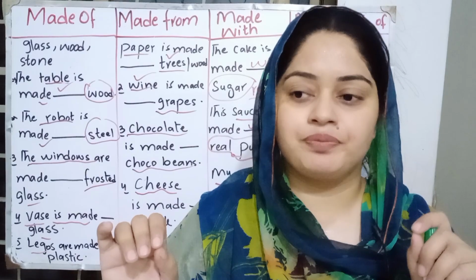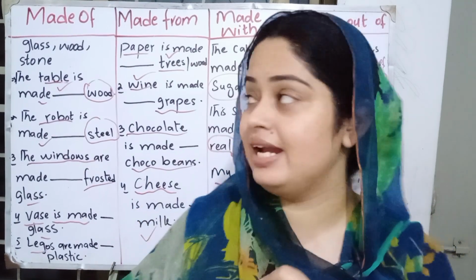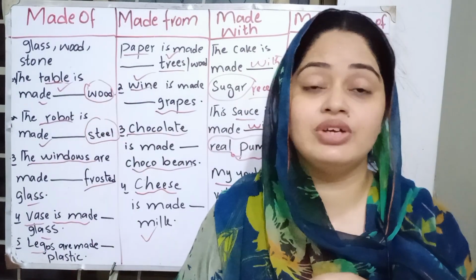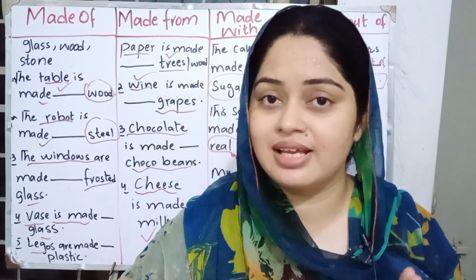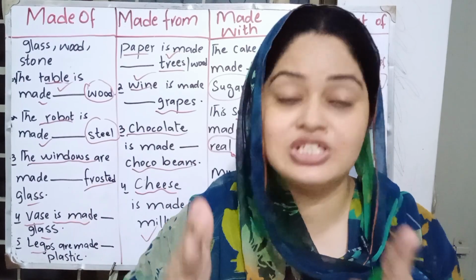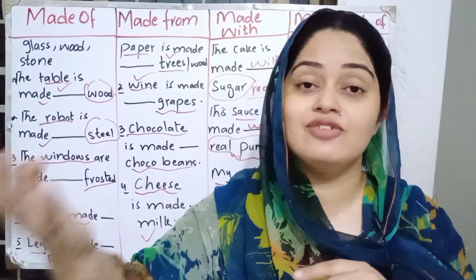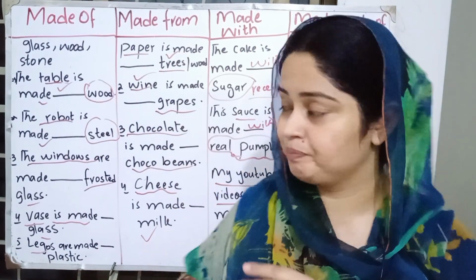So in a nutshell, we can say that made of is used with things when we can visualize and recognize the original material with which something is made, and we can even get back the original material.